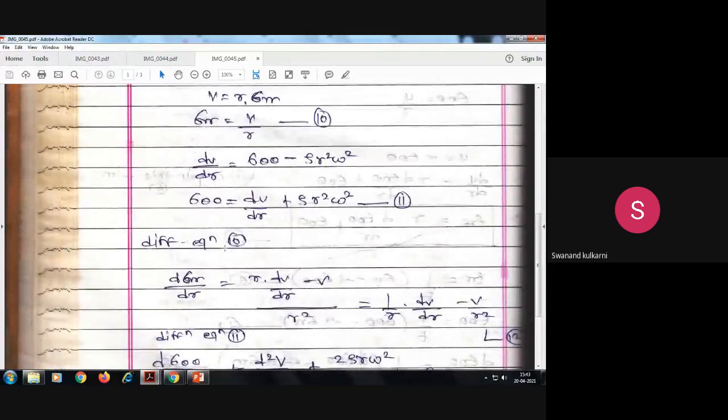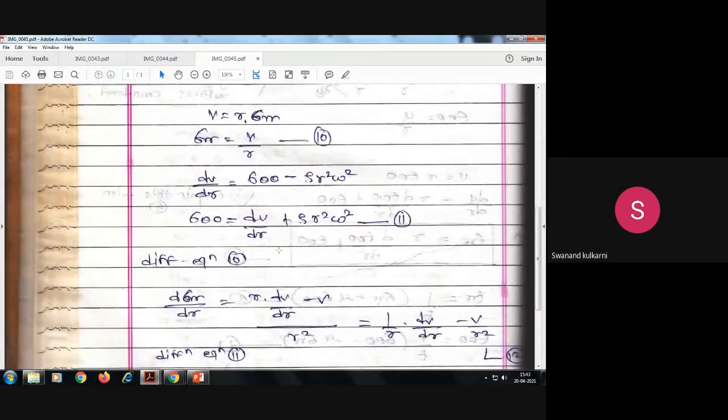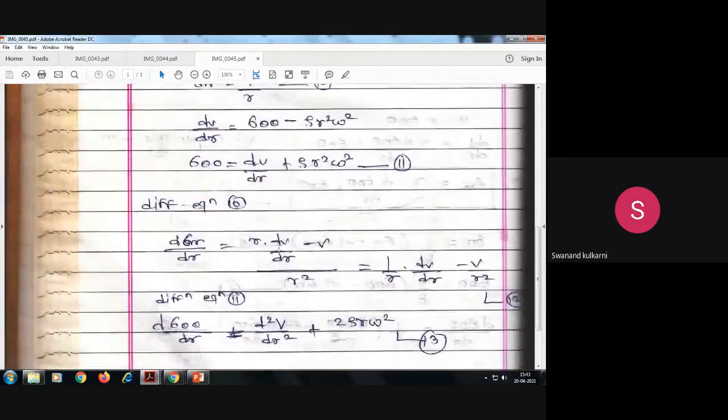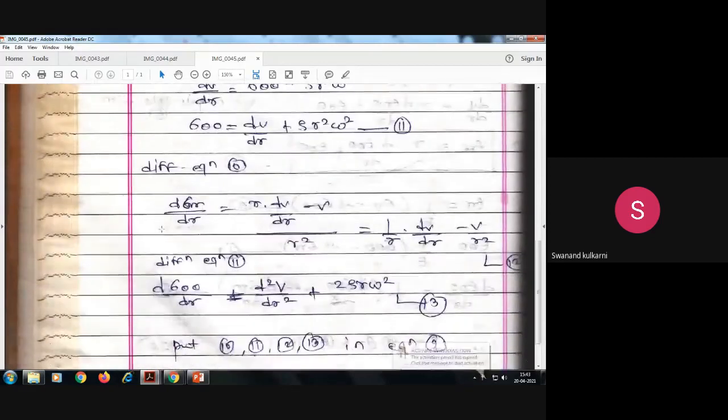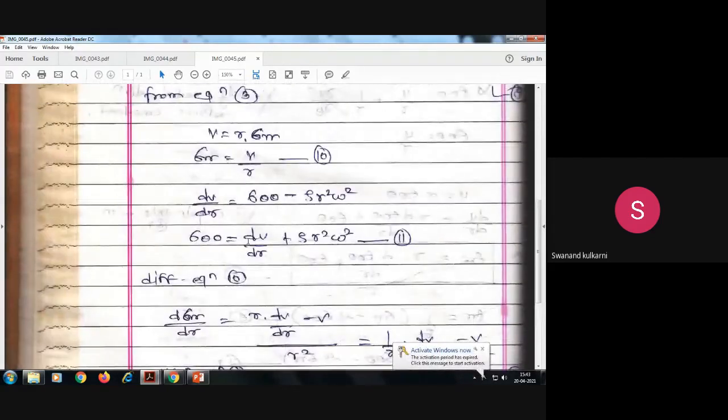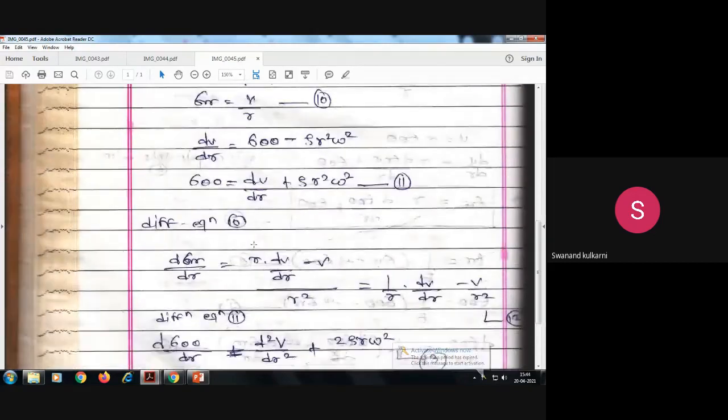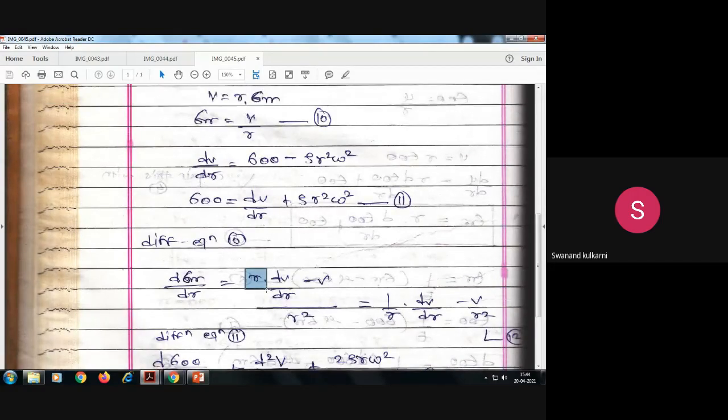So let us differentiate equation 10, and then we will get d sigma RR upon dr. Let us now apply the U by V rule of derivative here. We will get R into dV by dr minus V upon R square. Is it okay? Because it is V into du by dx minus u into dv by dx divided by V square.